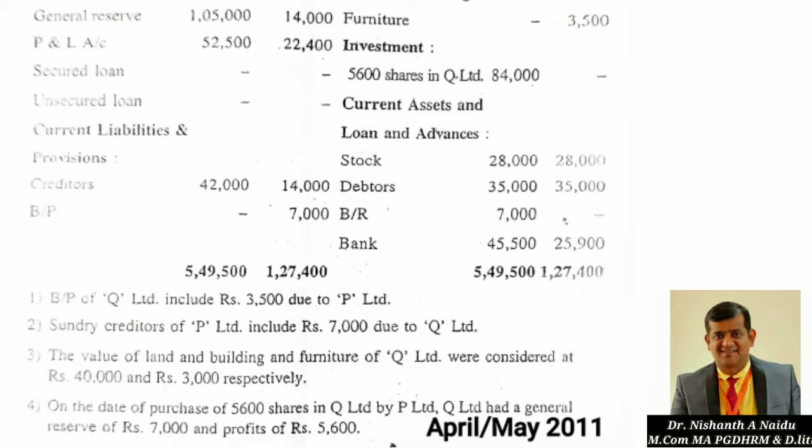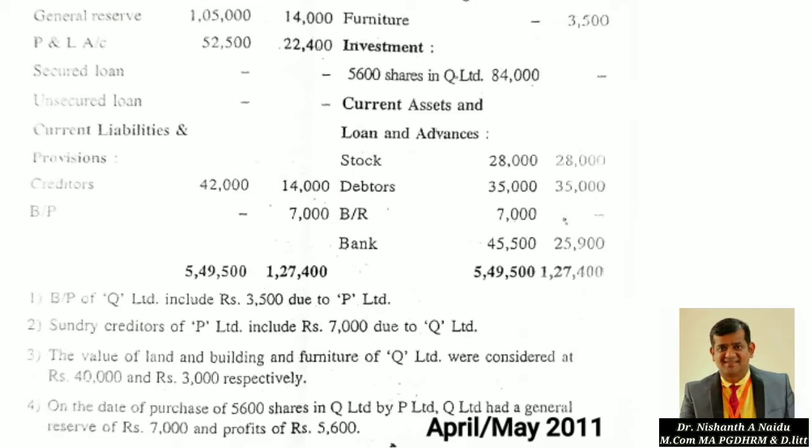Adjustment number 1, bills payable of Q Company Limited includes rupees 3,500 due to P Limited. Adjustment number 2, sundry creditors of P Limited includes rupees 7,000 due to Q Limited. Adjustment number 3, the value of land and buildings and furniture of Q Limited were considered at rupees 40,000 and 3,000 respectively.